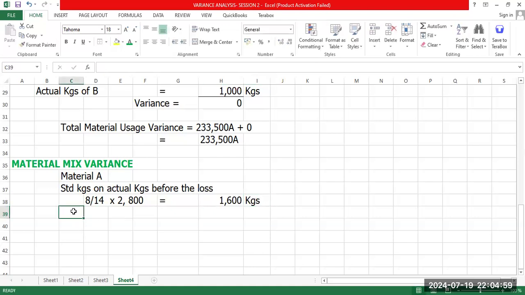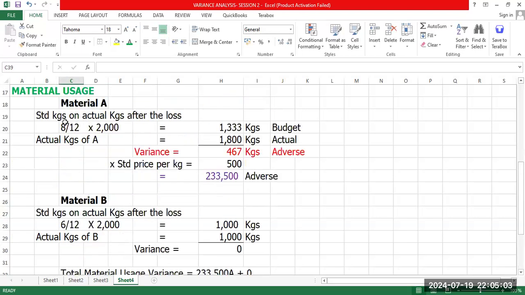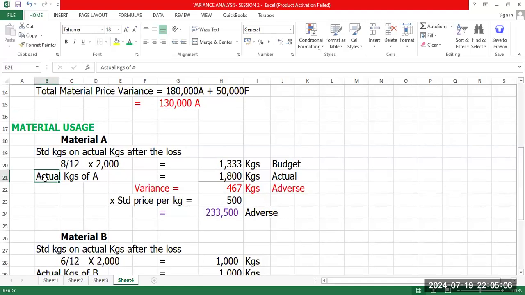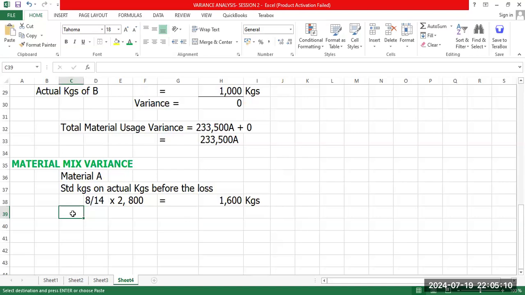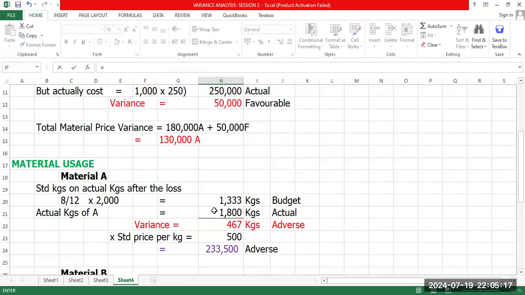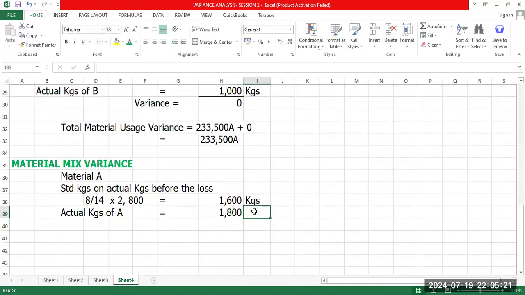We compare it with the actual kgs of material A, which is 1,800. So the question is, the variance you have, is it favorable or adverse? Adverse.